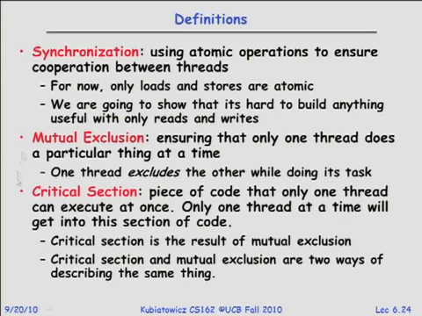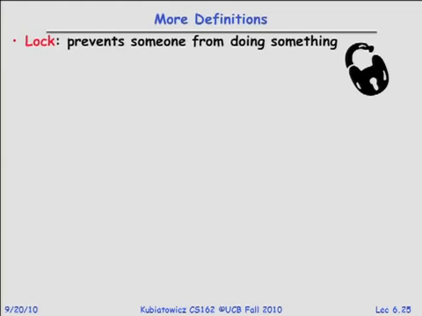Now, let's start with what's a lock. Hopefully everybody here knows what a lock is on a door, right? You've got a key, you open it up, you go through the door. What is it in software? Well, it's got the same idea. It's going to prevent someone from doing something, where now the someones are threads.